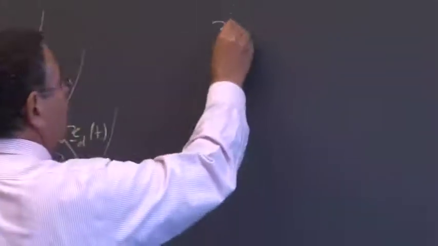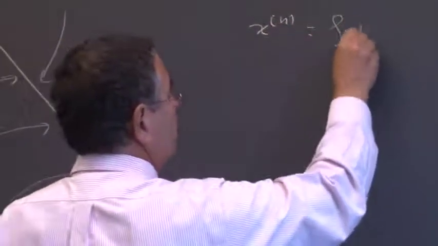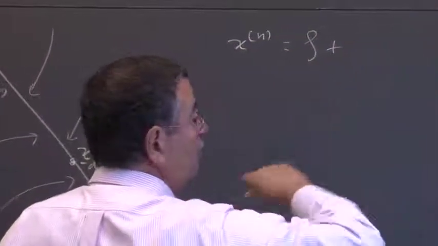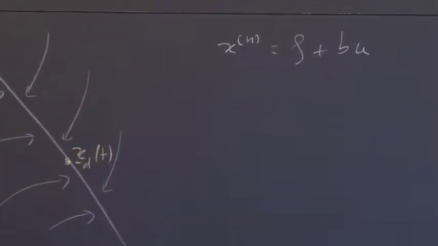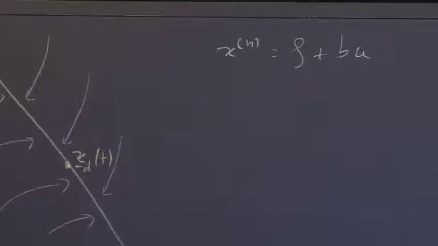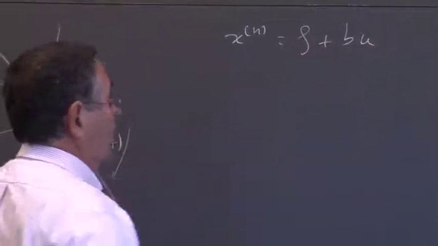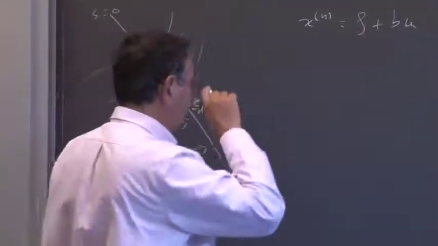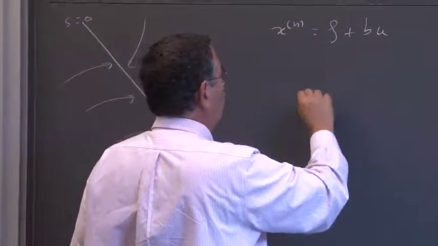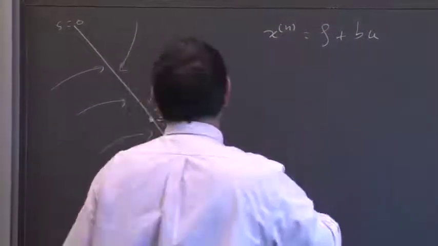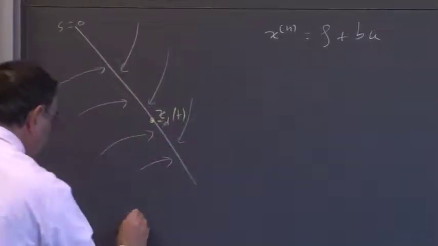All right, and then we saw it for a second order case, but because of this choice of variables, it would be exactly the same for an nth order case. We said if we have x to the n equal f plus bu, we would try to achieve this condition.